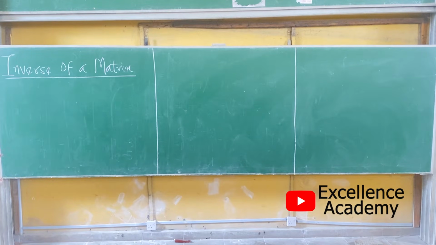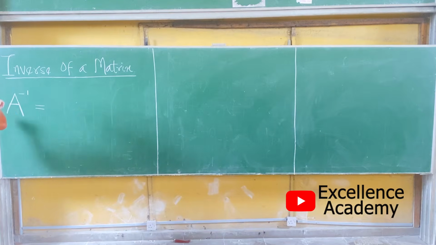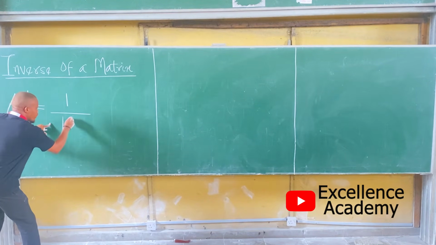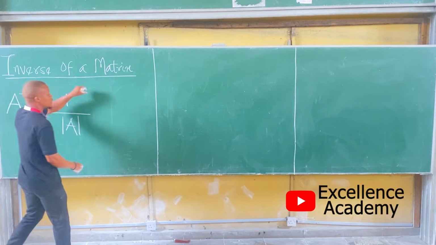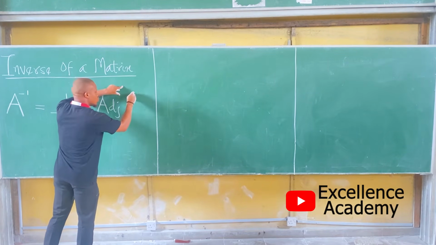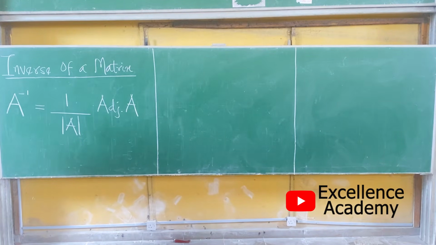So for a 3 by 3 matrix, the inverse of a matrix A, written as A raised to power minus 1, is equal to 1 over the determinant of A times the adjoint of matrix A.